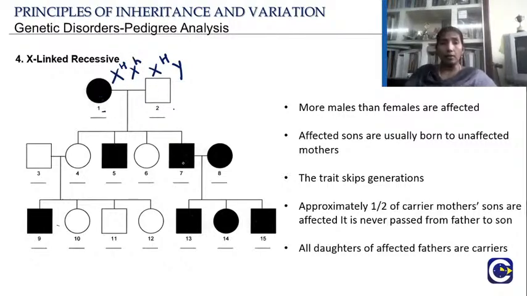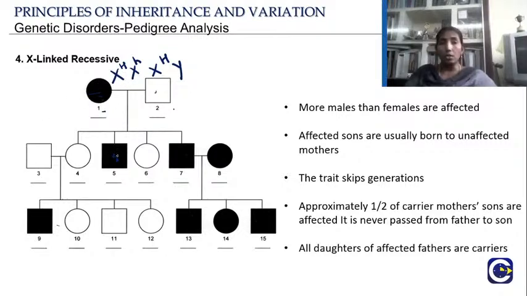More males are affected, and the affected sons are usually born to unaffected mothers, because the mothers are silent carriers. You can see the trait will skip generations. Approximately half of the sons of carrier mothers will be affected, and it is never passed from father to son. So she is heterozygous normal, that means she is a carrier.